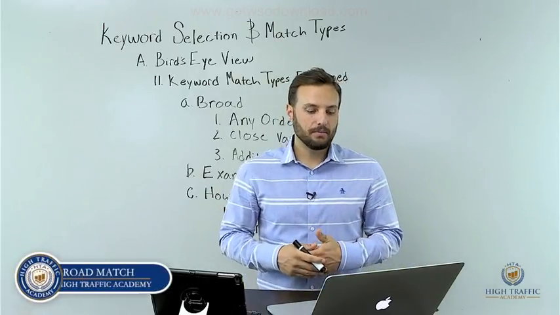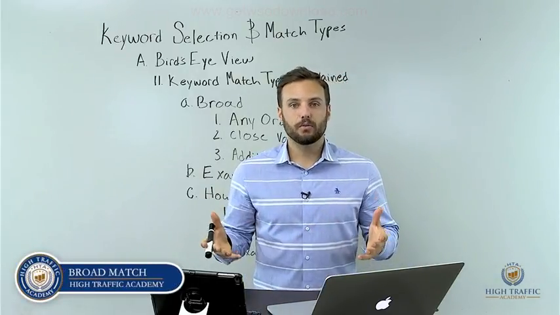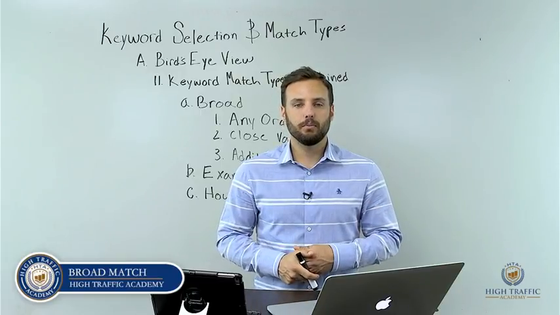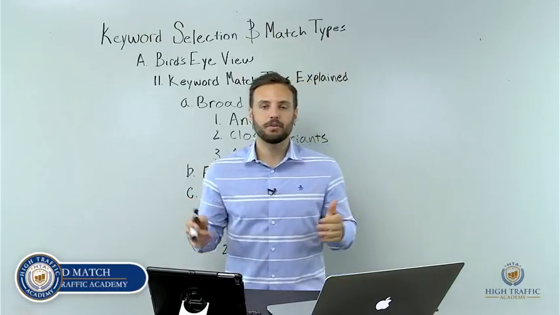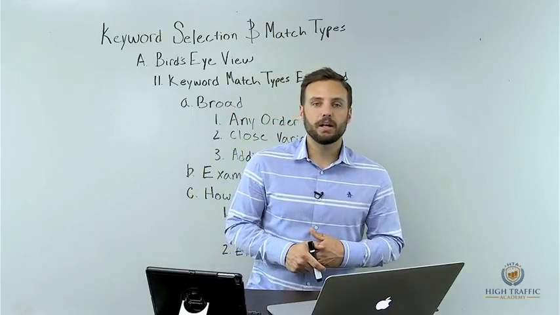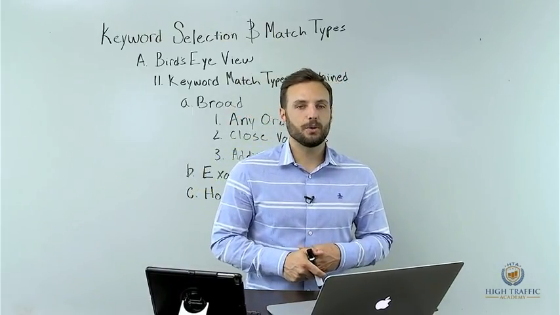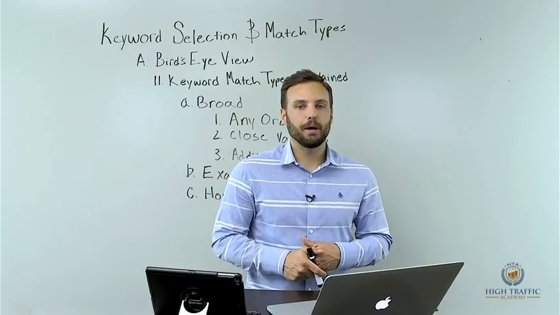And a lot of times this can expand your reach and make you much more available to users when they're searching for certain things and not necessarily have to search for the exact keyword that you're bidding on. But it can also get you in a lot of trouble, and you can run through budget very quickly.